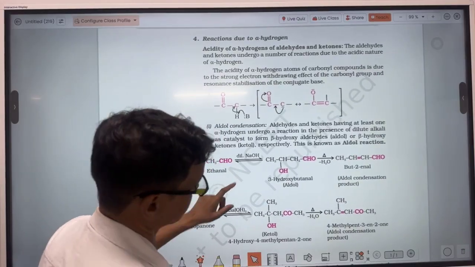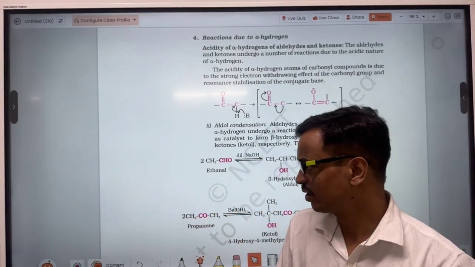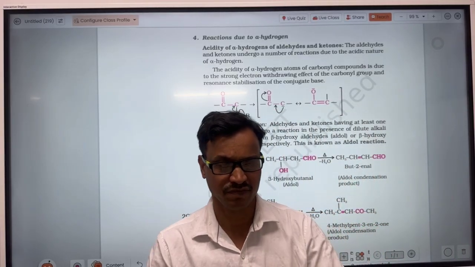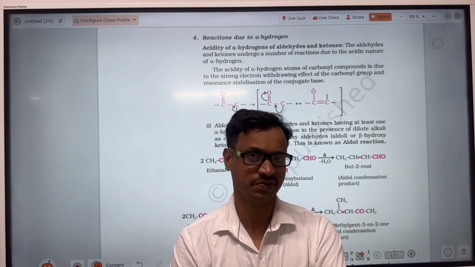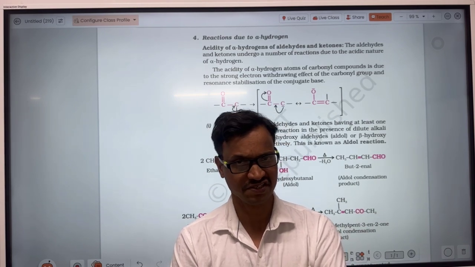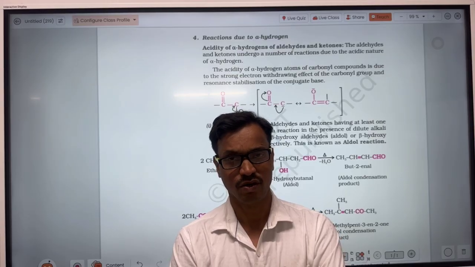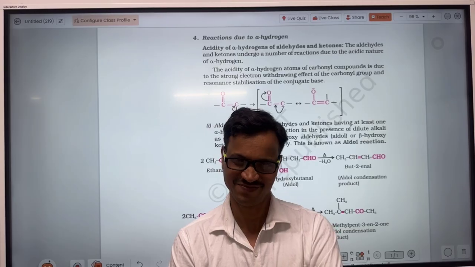Then after is the aldol condensation reaction. Two more very important reactions here, aldol condensation. The aldol condensation reaction will be performed by those aldehydes or ketones which contain alpha hydrogen.